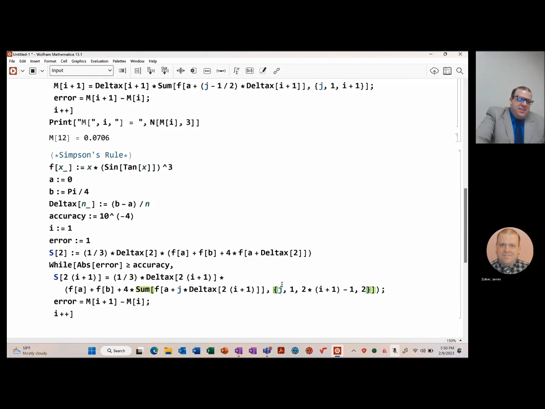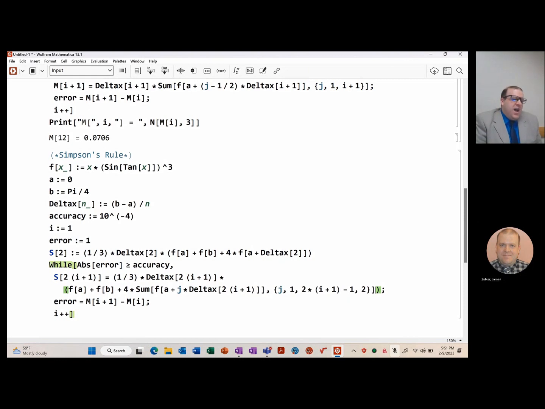What this extra bit here says is, for each term of the sum, how do you want to increase j? So I'm saying j is increasing by 2 each time, not 1. Right, so it'll go 1, then 1 plus 2, right, then 1 plus 4. So it's going to give me all of the odds. There's that sum.